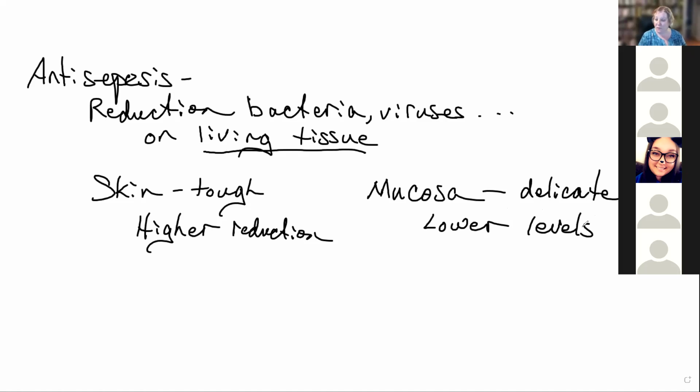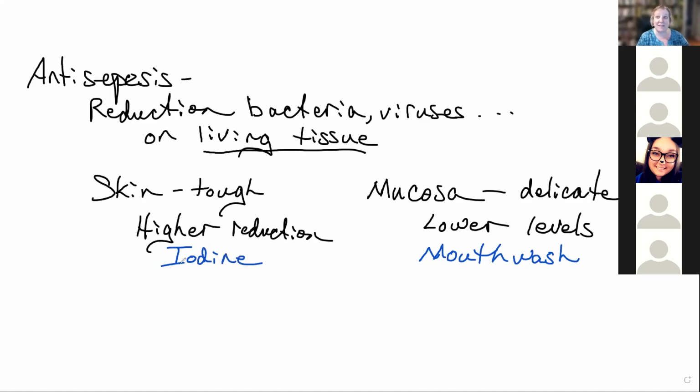For example, if I've got some reddening of my gums and I want to prevent periodontal disease, I'm going to use a mouthwash, but it's going to be more gentle. It's going to reduce the numbers less than, say, when I'm going in for surgery and we paint iodine.